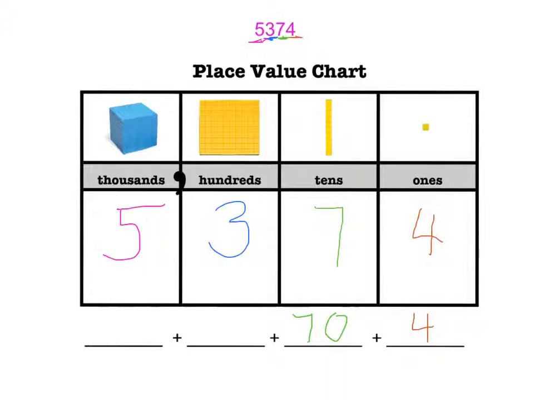Now let's have a look at our hundreds. How many hundreds do we have? Yep, we have 3. Can you guess the value of the 3 in this number? How would we write it? The value is 3 hundreds. So let's write 300.